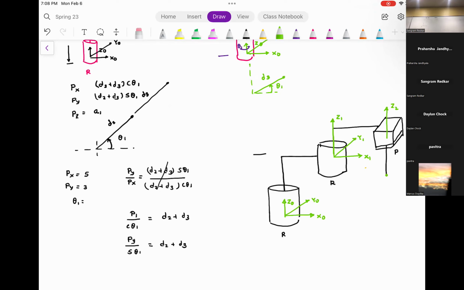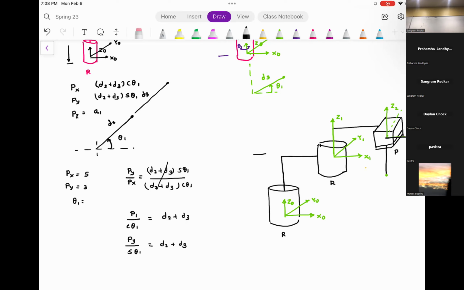Okay. Now what about Z2? What about X and Y? So I would say, unfortunately, in this particular case, which way should the X be? Can it be in this direction or can it be in this direction? Everyone agrees that my X2 should be like this.